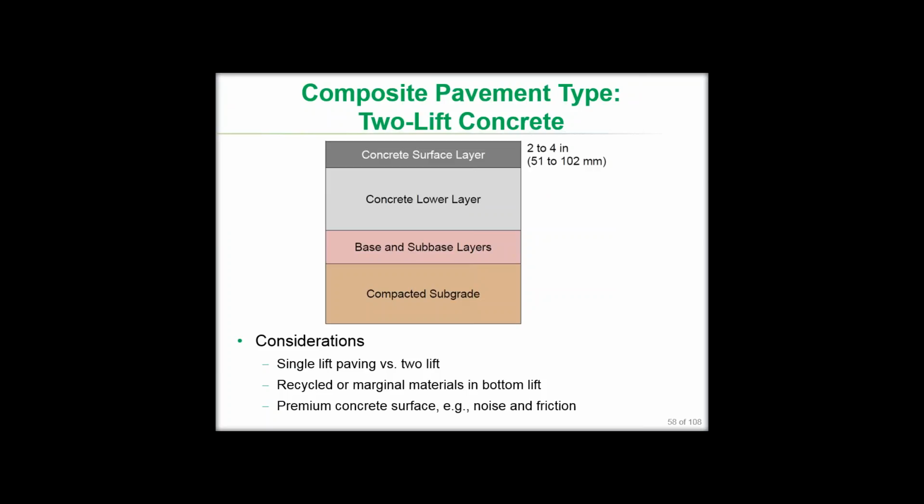A subset of one of these pavement types would be a composite pavement type with the two-lift concrete pavement. And one may start with, let's say, a jointed plain as an alternative, and then also move into looking at a composite pavement as a more sustainable option if there's some good reasons to do that, such as the ones I've listed here: whether there's potential use of a large amount of recycled materials in the bottom lift, whether there are only marginal aggregates available, which could be used in the bottom lift, or as done in other, let's say, European countries, they may use premium concrete surfaces for noise, friction, and splash-spray purposes.